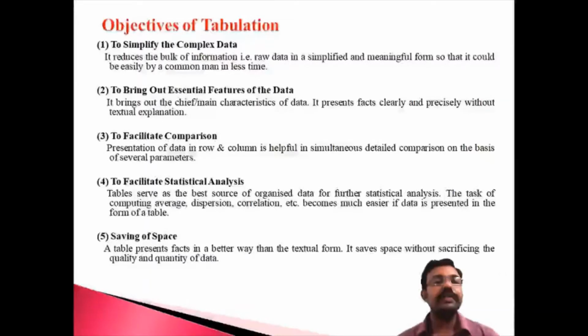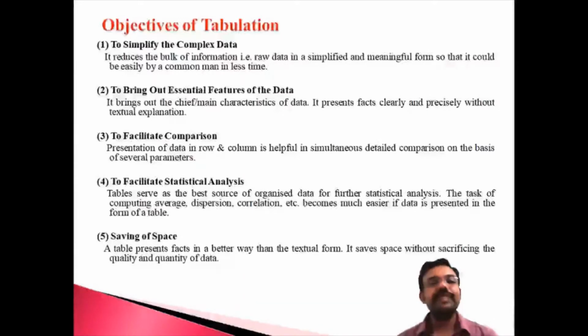There is only figure-wise data to be seen, no textual information. So it's an important objective to bring out the essential features of the data, presenting the facts clearly and precisely without textual explanation.